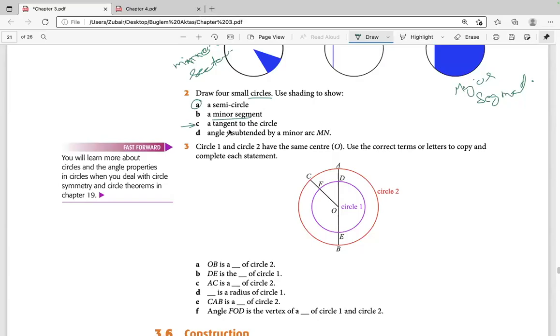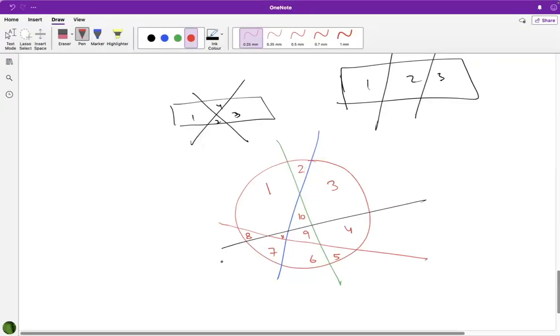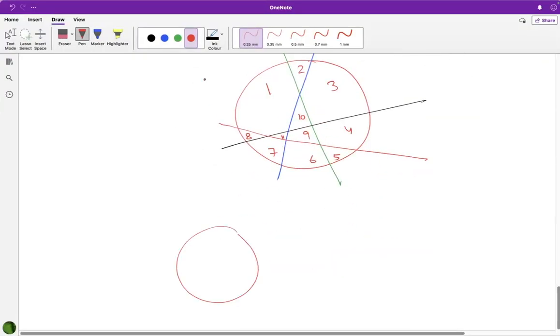Okay. A tangent is a straight line which touches at one point only. So if we have a circle and a line passes which just touches the circle, it is known as the tangent.